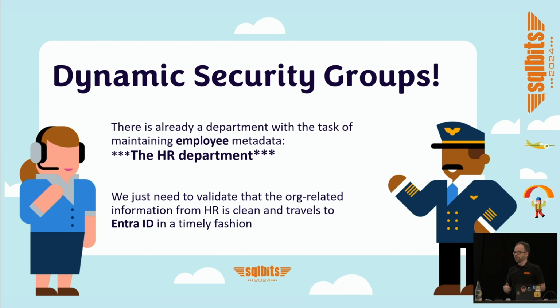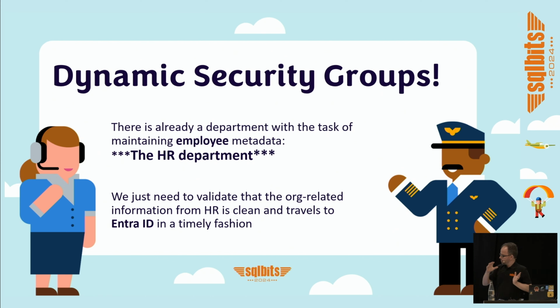And it's even better because there's already a department that takes care of that metadata, which is HR. HR should know who is in each department. And if they don't, then they should start doing that, right? So it's wonderful because then I say I share something with finance, and then HR will keep updating. And if somebody joins, well, then they will say, okay, this guy is now in finance, or this guy is no longer in finance.